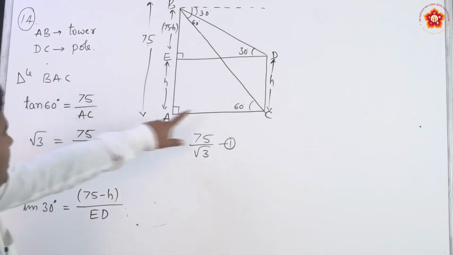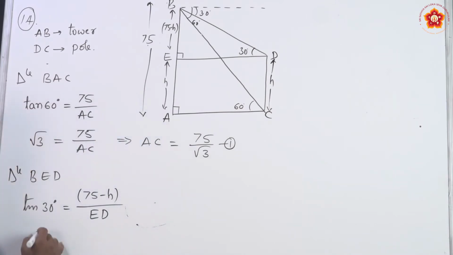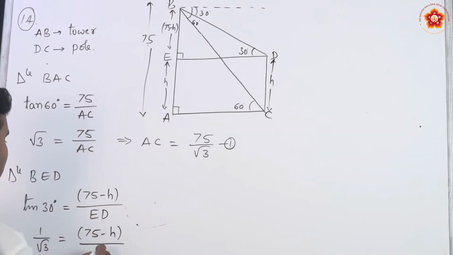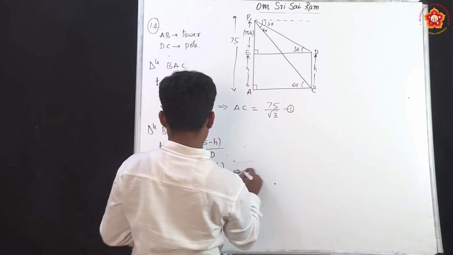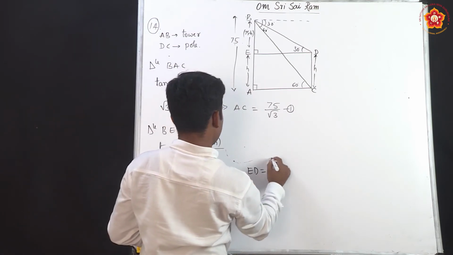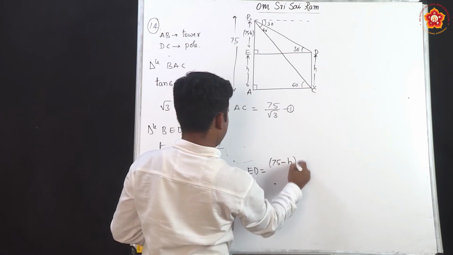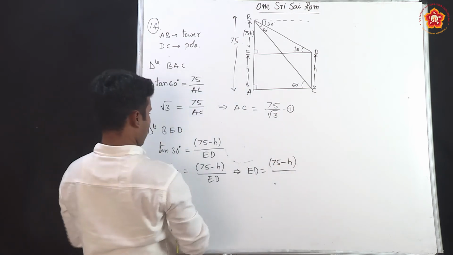Okay. ED and AC both are same. So, tan 30 degree is 1 by root 3 is equal to 75 minus h divided by ED.